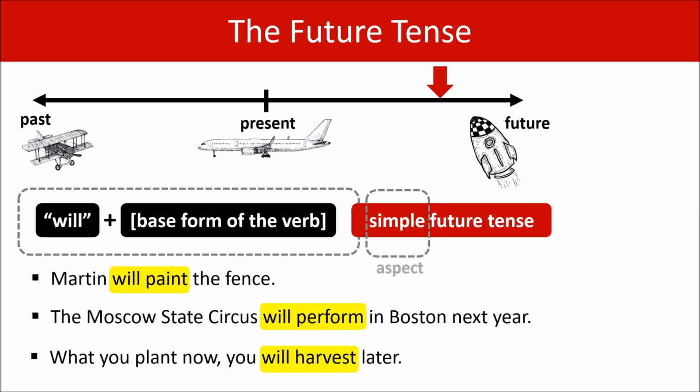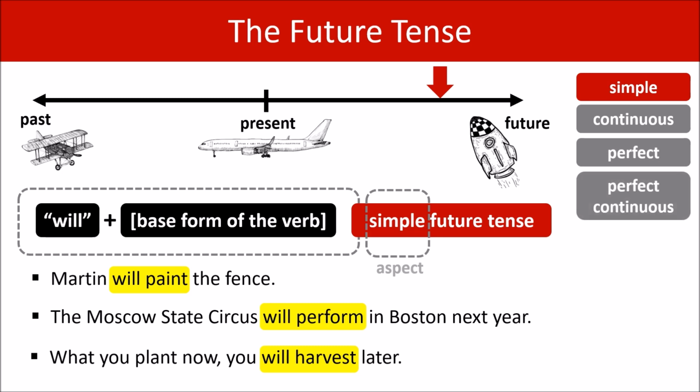There are four aspects: the simple aspect, the continuous aspect, the perfect aspect, and the perfect continuous aspect. These tell us whether the activity is ongoing or completed. An aspect is part of tense, so we can't talk about the future tense without also talking about these aspects.